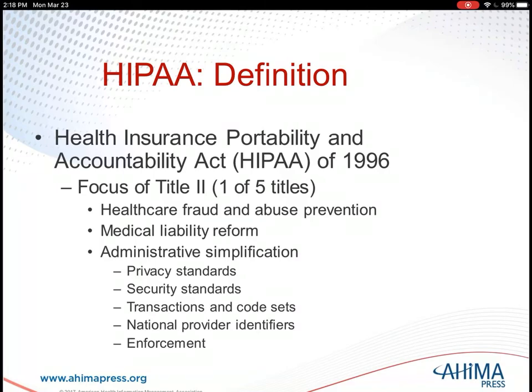Major revisions, which we're going to address in this chapter, included changes to the requirements related to business associates and their subcontractors, protected health information of deceased individuals, notice of privacy practices, the sale of information, provisions affecting the minimum necessary requirement, individual rights, student immunization records, research authorizations, breach notification, provisions affecting personal health record vendors, marketing and fundraising, and increased enforcement and penalties for noncompliance. And so we're going to get into all of that throughout this chapter.